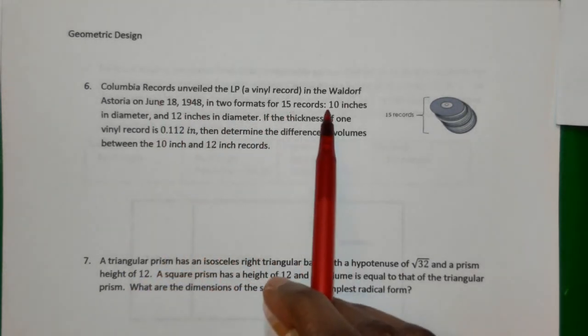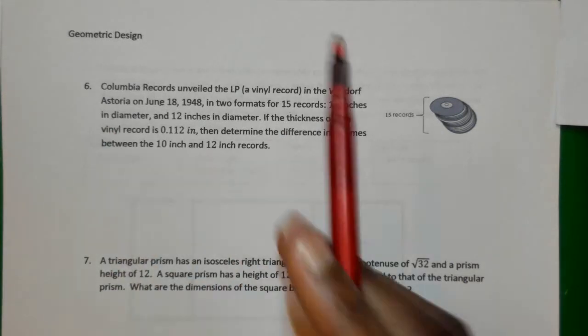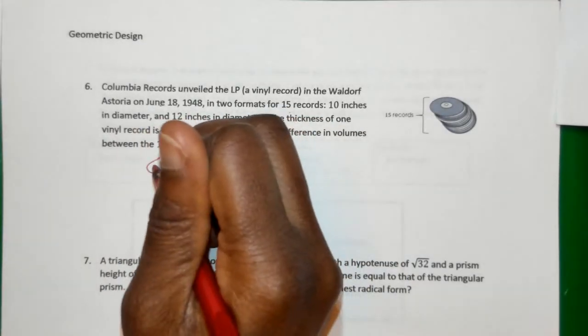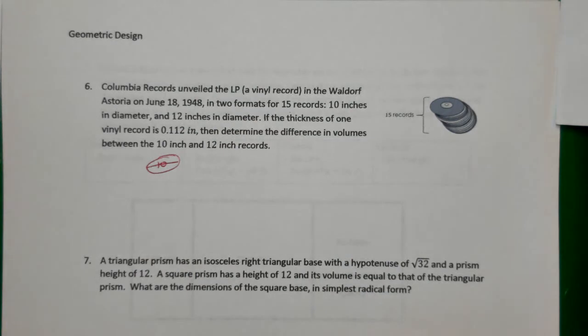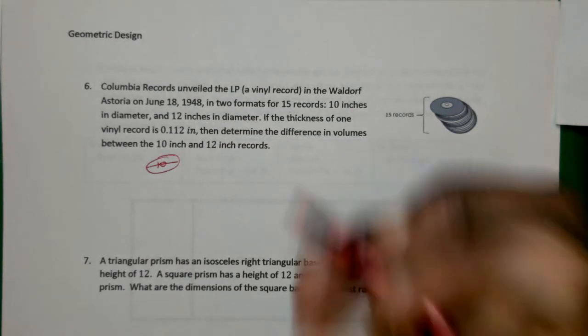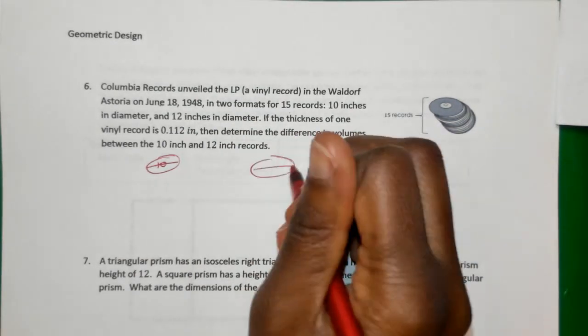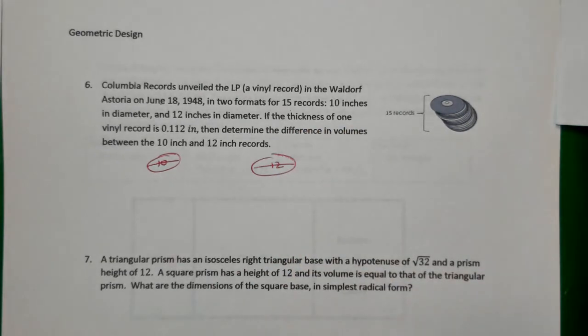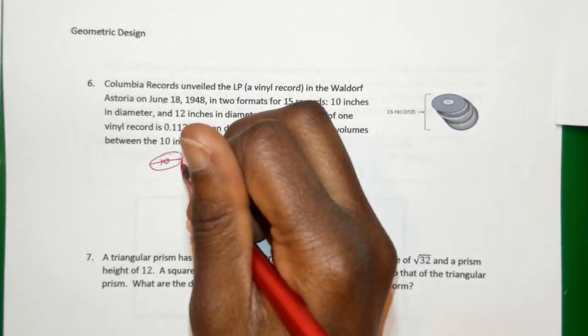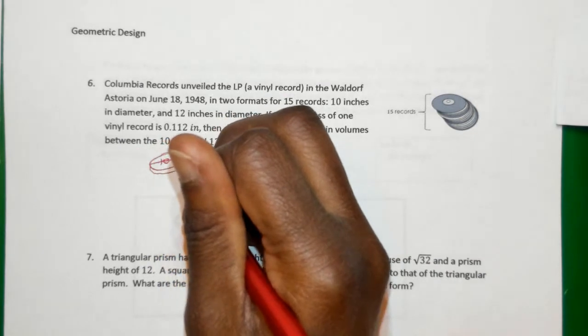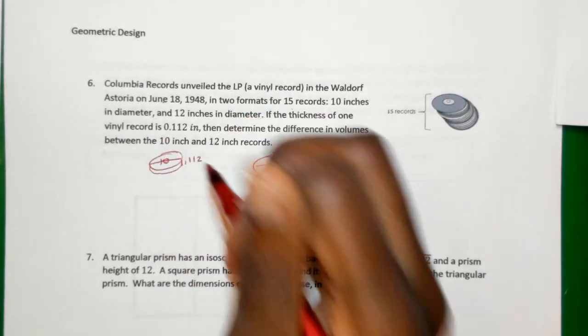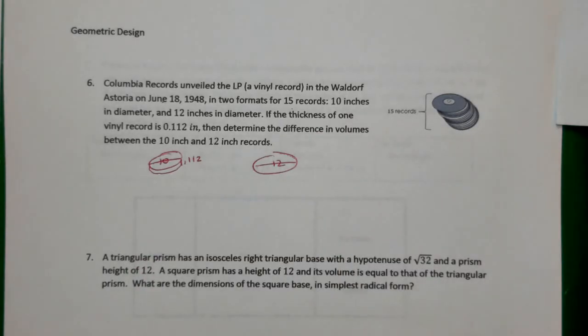So one of the stacks of 15 records is 10 inches in diameter. So if we have records here, the diameter is 10. And the other format for the 15 records is that the diameter is 12. If the thickness of one vinyl record is 0.112 inches, then determine the difference in the volumes between them.